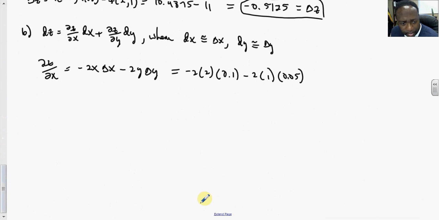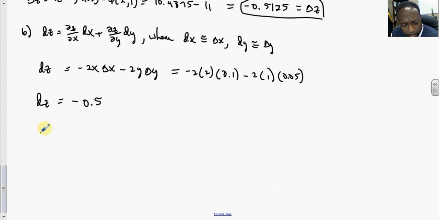Now when you calculate that, this is dz, and that comes out to be negative 0.5.